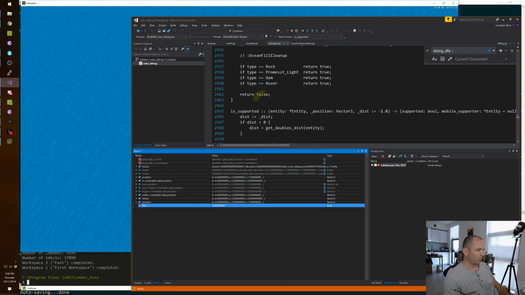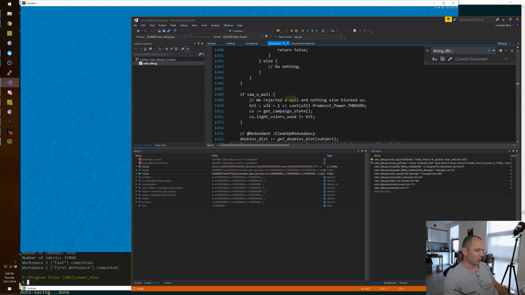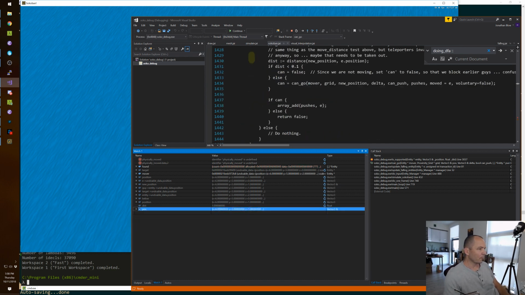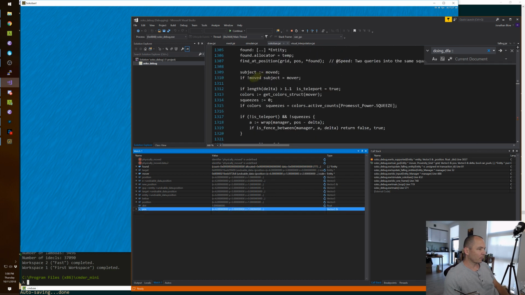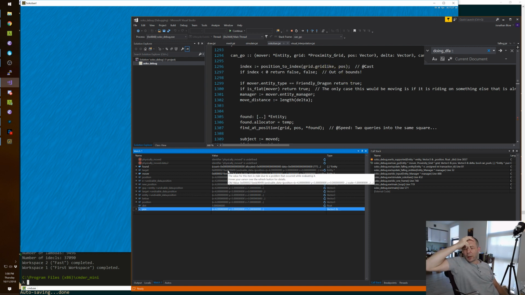So why is the position... Oh, geez. Okay, here, when we ask if we can go... We're passing the wrong thing. We're passing... No? Oh, because we're falling. Right, we're falling downwards. So we're asking if we can go into the position below the one where we are.